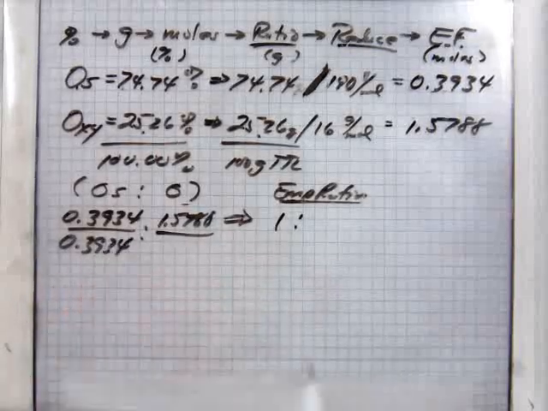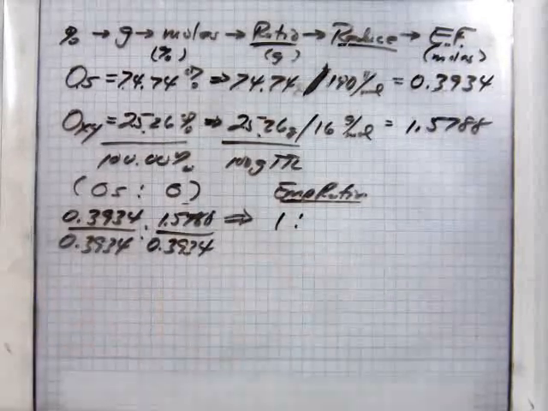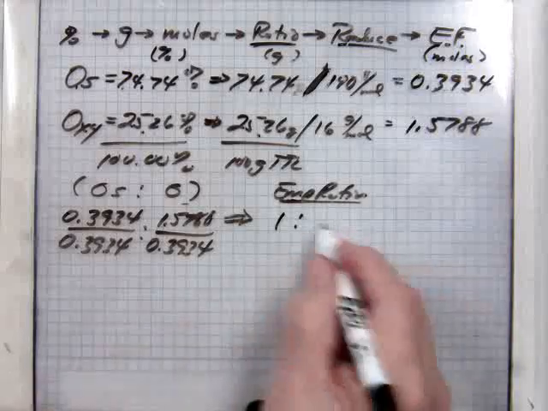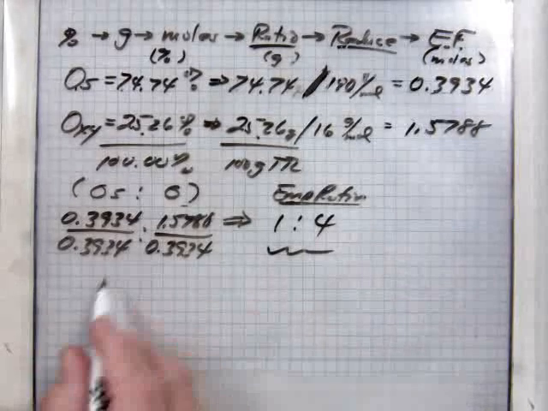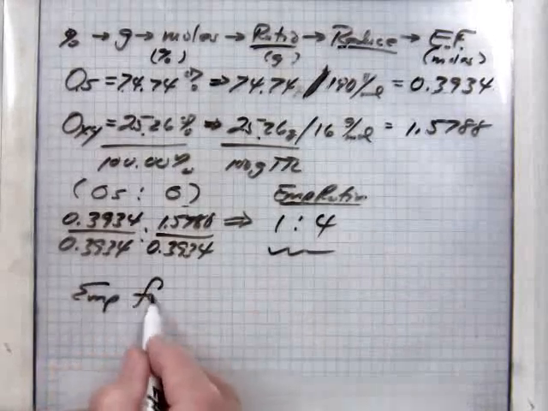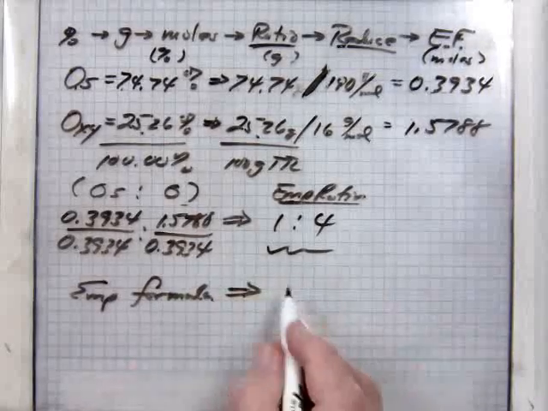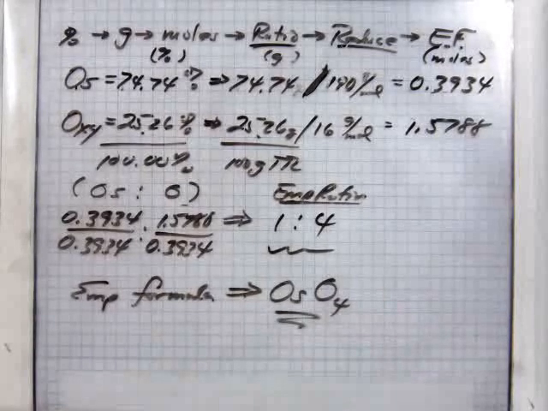If you still divide by the smallest number, and so that's 1.5788 divided by 0.3934, and that's correct. Okay, so we have a 1-to-4 empirical ratio, and so the empirical formula is OsO4 in the final analysis.